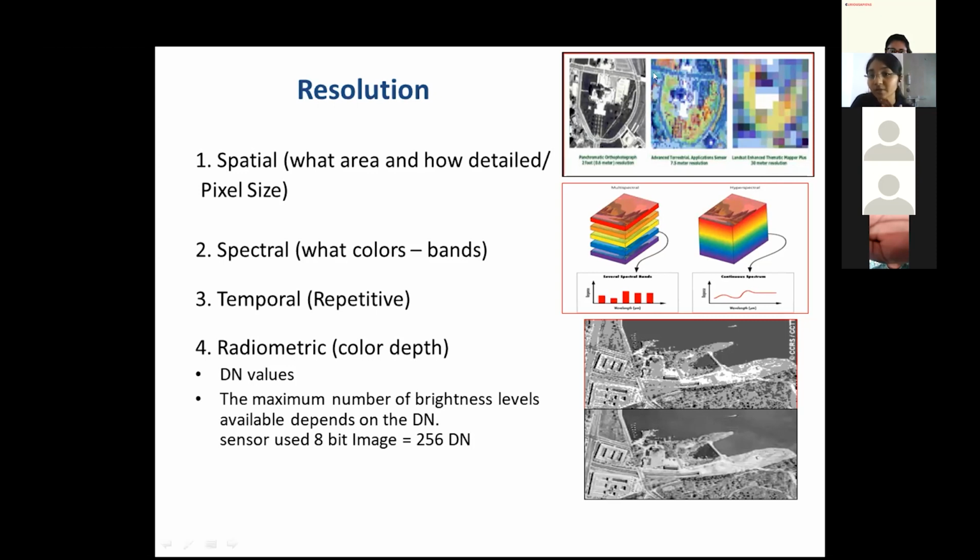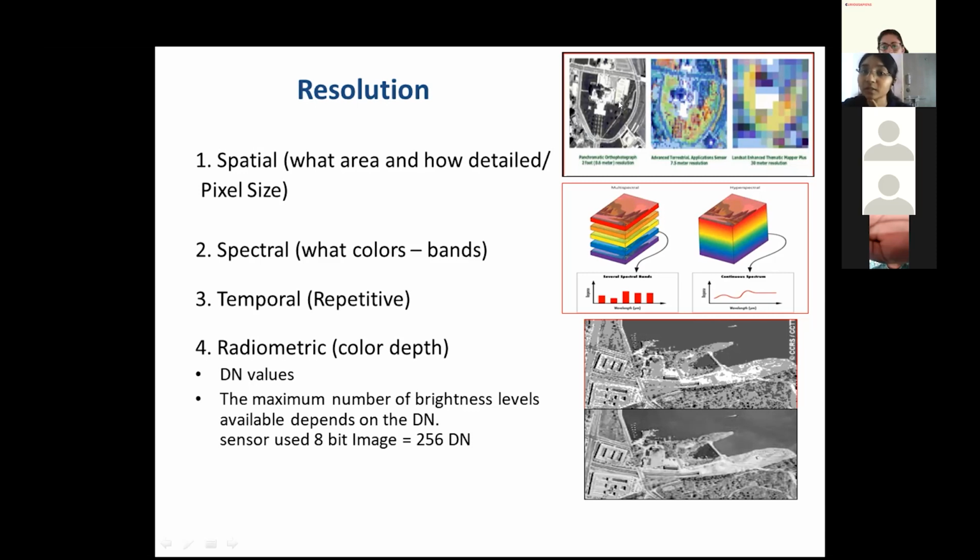So the top image on the right side has a coarse spatial resolution. What it means is that pixel sizes are really big. In the mid one, pixel sizes are comparatively reduced, and the one in black and white is a panchromatic image, which means it only has a single band, so it's not showing color.